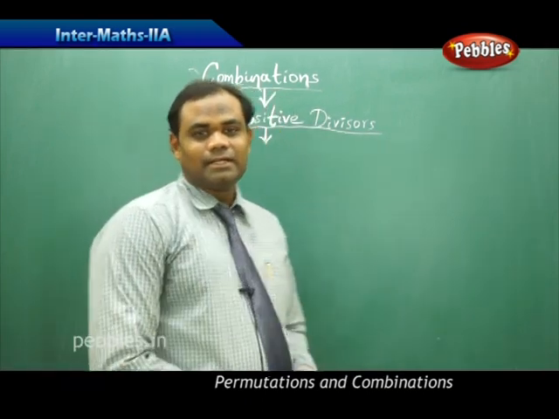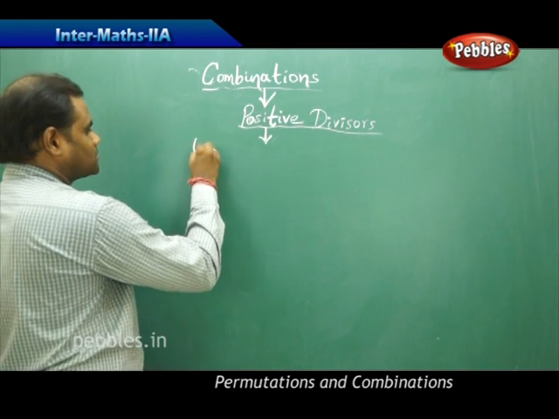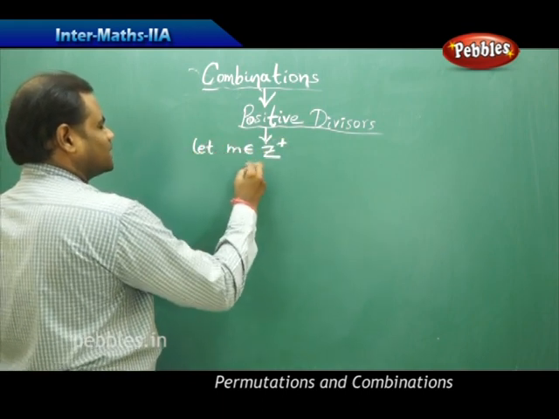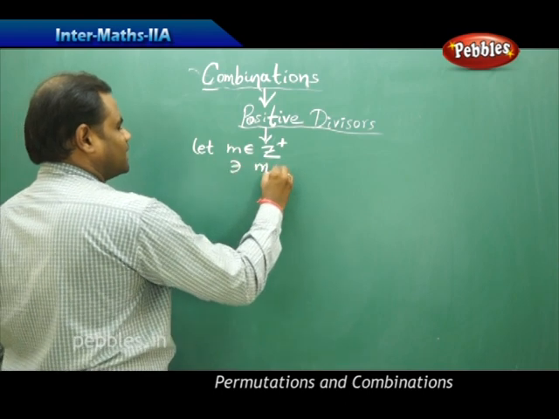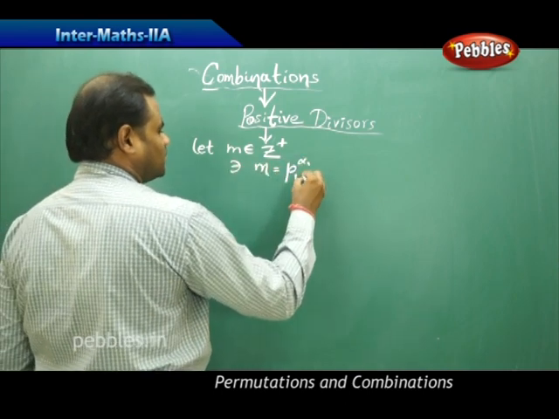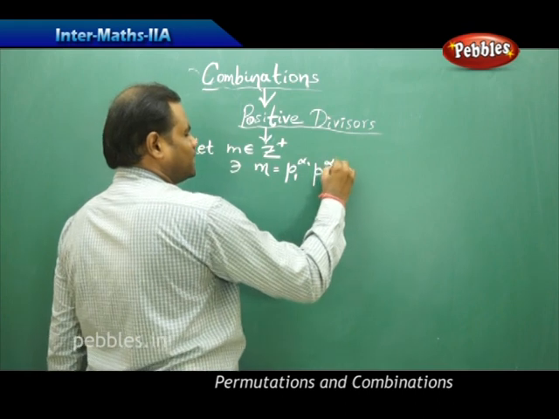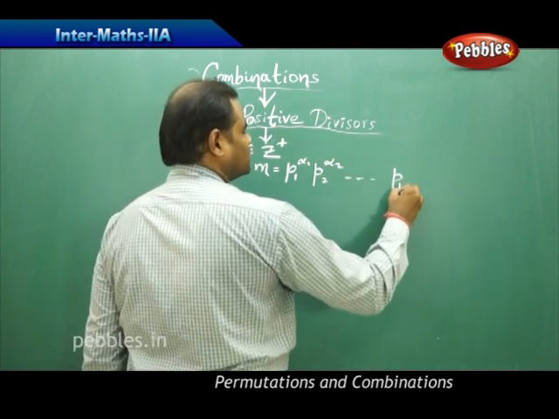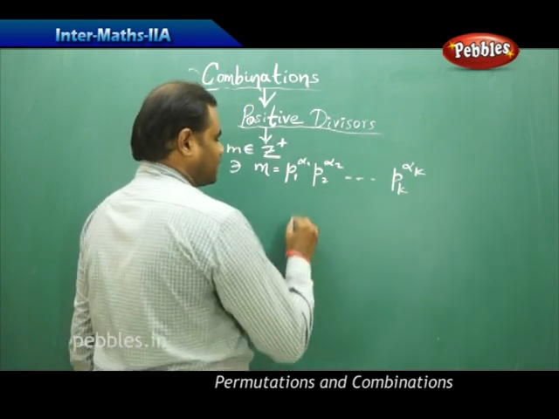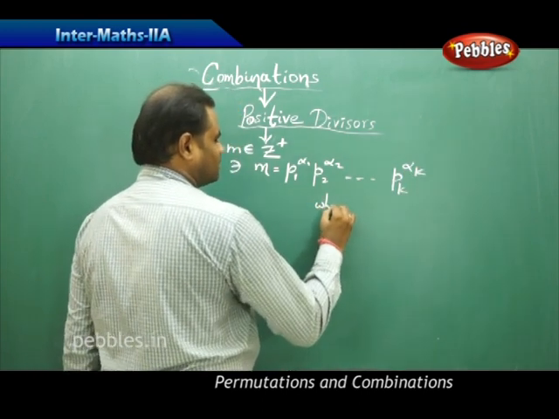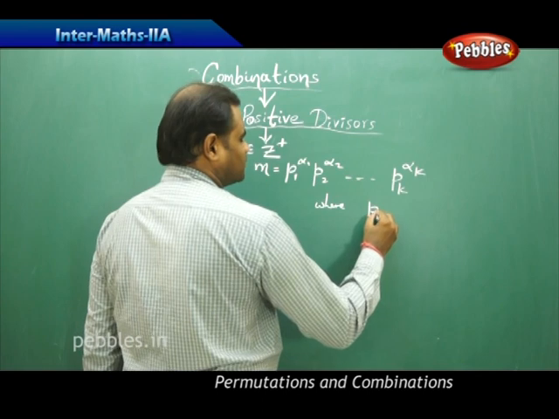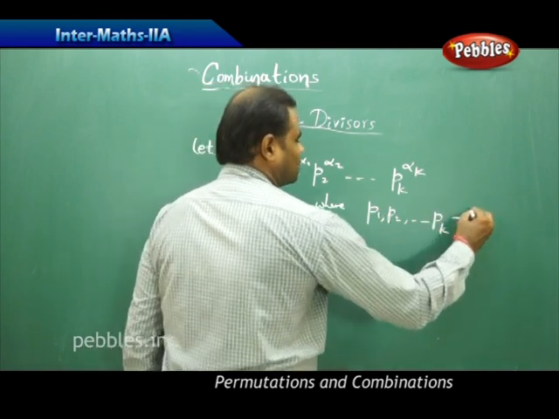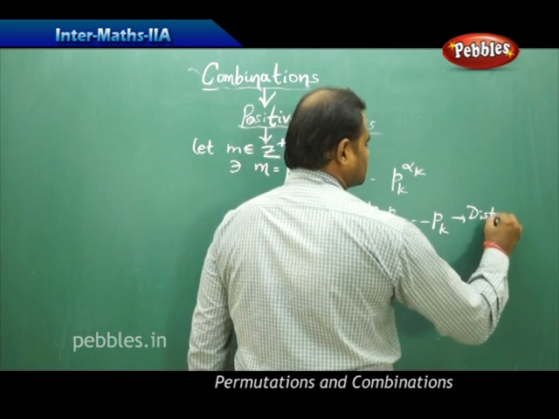Now let's consider a positive integer. Let m belong to Z plus such that I can write m as p1^alpha1, p2^alpha2, p3^alpha3, and so on till pk^alphak, where each of p1, p2 till pk are called distinct primes.